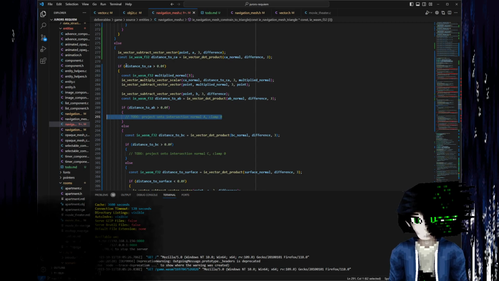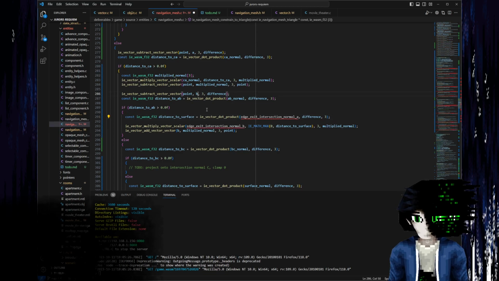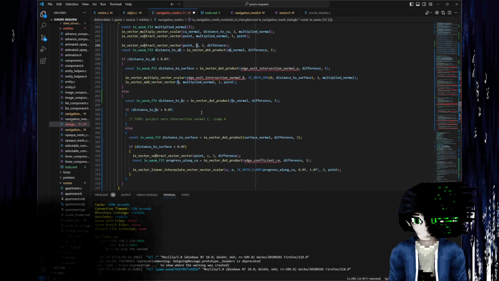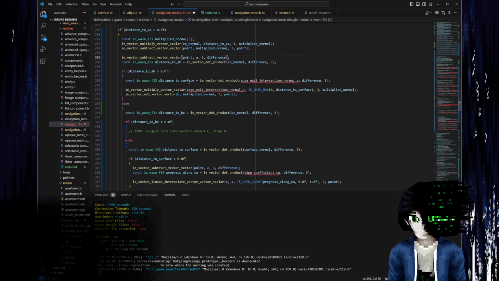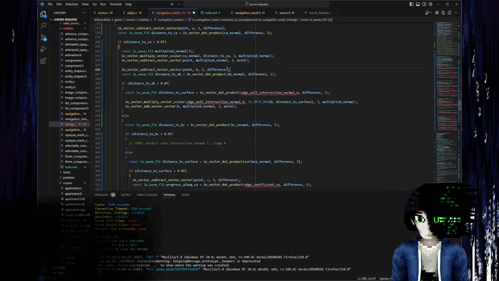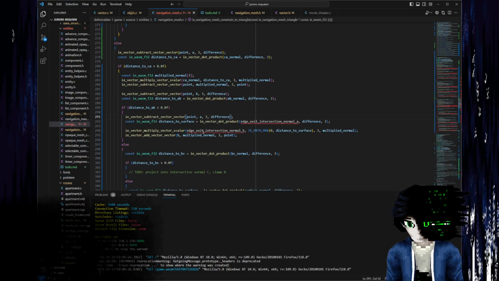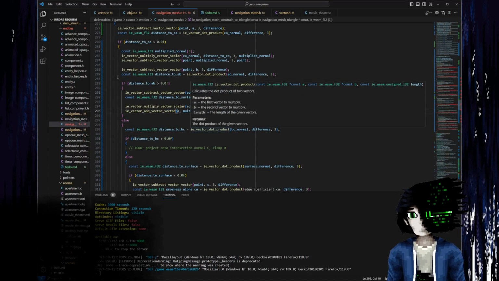Okay, so we're over edge CA and then we detect we're over AB, which means that we're looking to project along intersection normal A. Okay, that should be good.